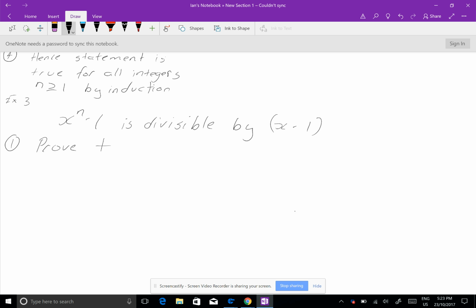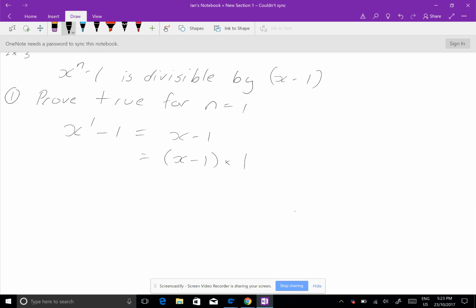Prove true for n equals 1. X to the 1 minus 1 equals x minus 1, which equals bracket x minus 1 times 1. True for n equals 1.